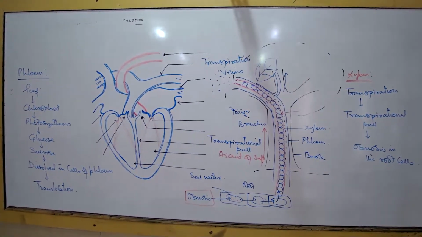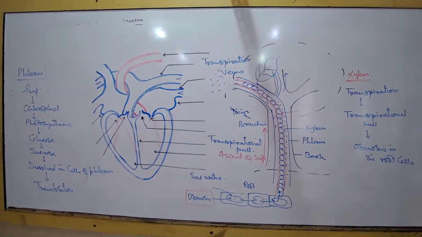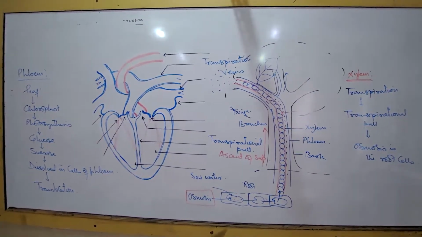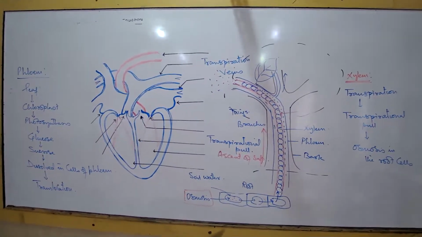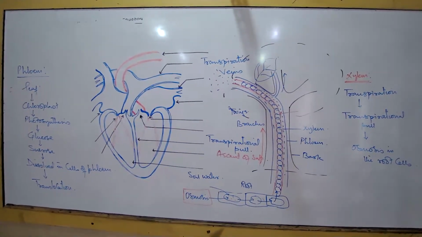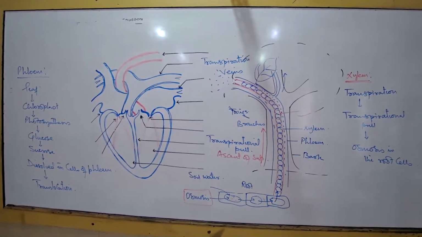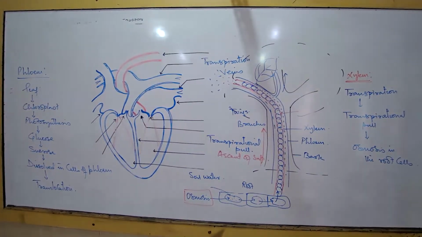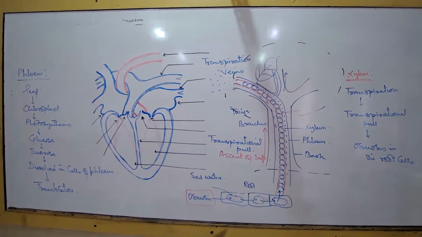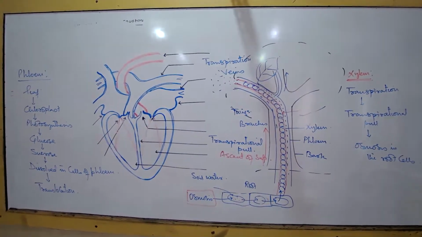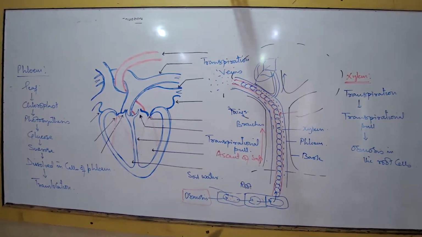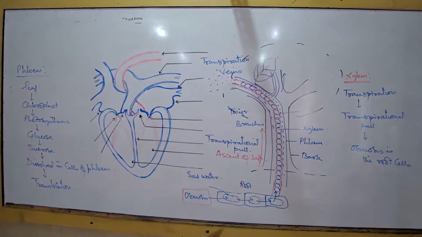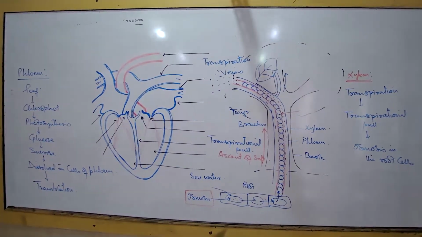Phloem distributes soluble food in all directions from the leaf. A process known as translocation takes place.